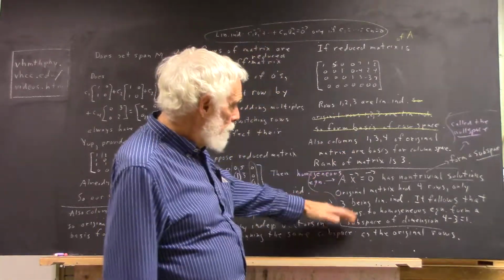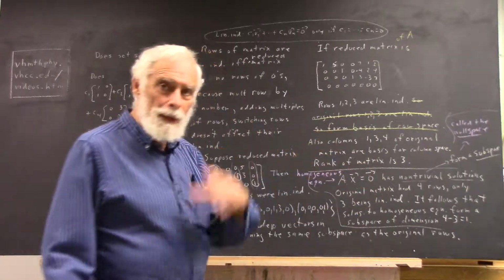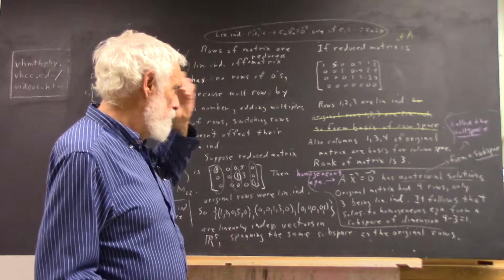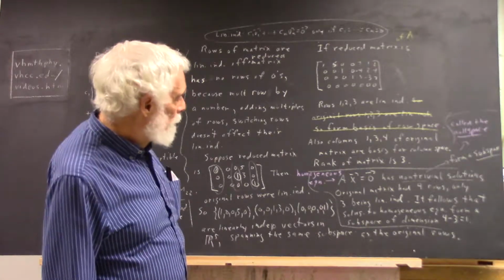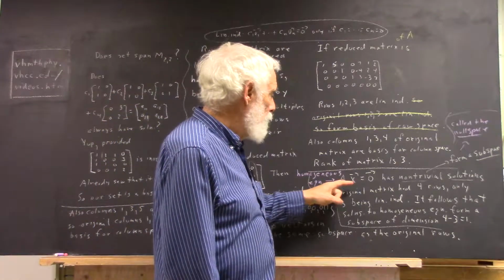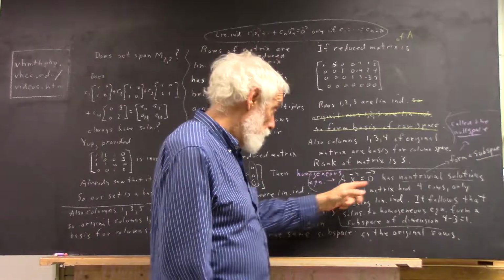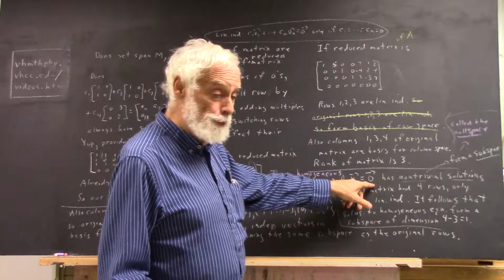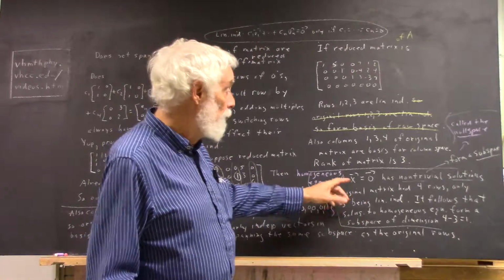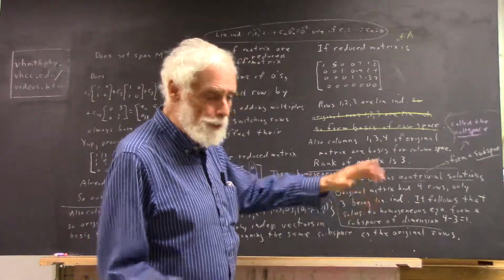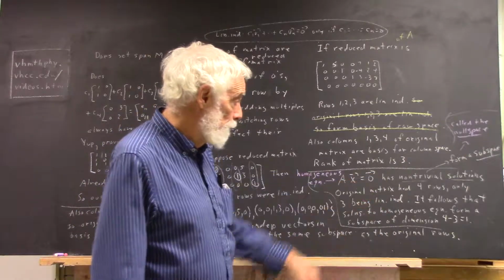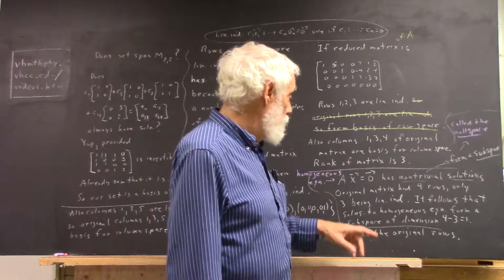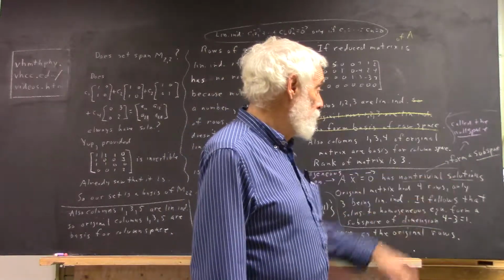Okay, now the one thing that's here that isn't in what I've already done is the idea of the null space. So this equation AX equals 0 that we've seen is called a homogeneous equation. AX equals 0 is a homogeneous equation because you're saying a product is equal to 0. That's what makes it homogeneous. You've got a 0 on this side. The homogeneous equation also has non-trivial solutions.